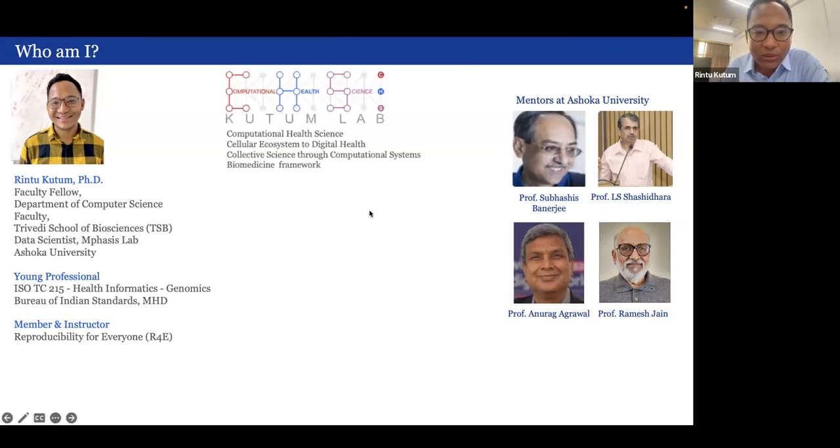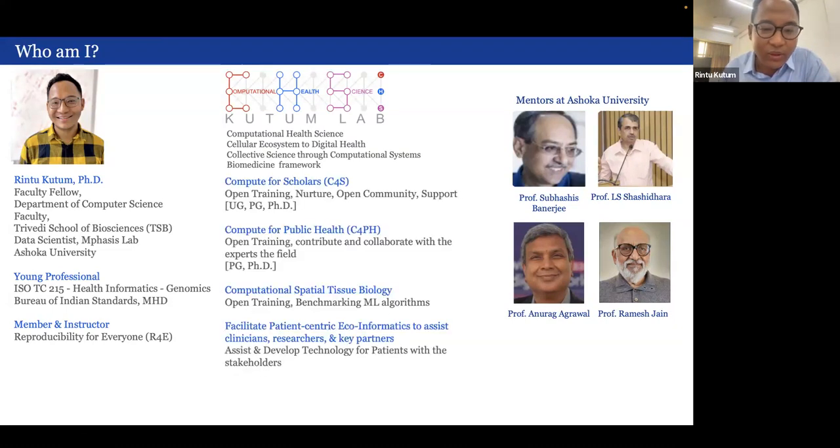The lab primarily focuses on the perspective of a cellular ecosystem to digital health, and typically we believe in the framework of collective science through a computational systems biomedicine framework. We have 4 verticals which train scholars like UG, PG or PhD scholars, and we also do a lot of activities in the area of public health.